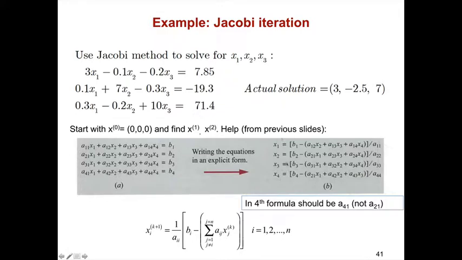So now that I have it in this form, I can create an iteration. If I have a previous step, which is step k at any given time, then I plug it into the right-hand side, and my next step is given.